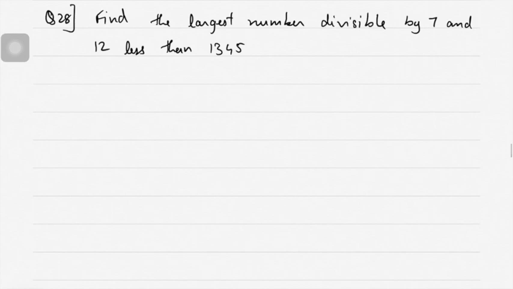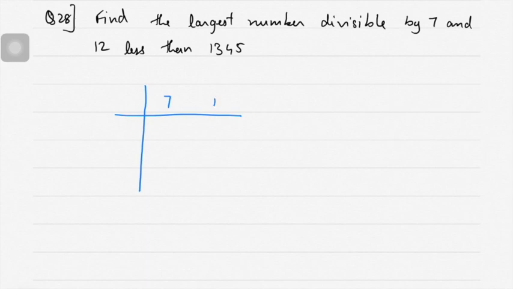Let's solve the next question. Find the largest number divisible by 7 and 12 less than 1345. This is exactly the same as above.